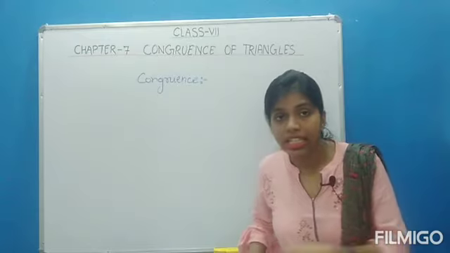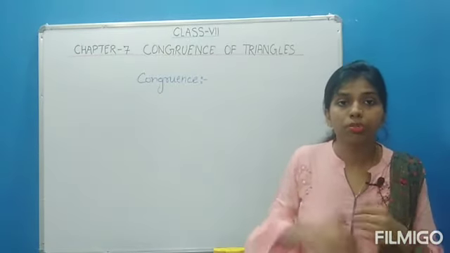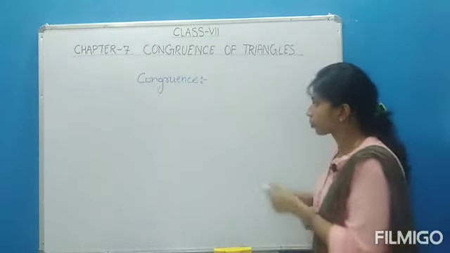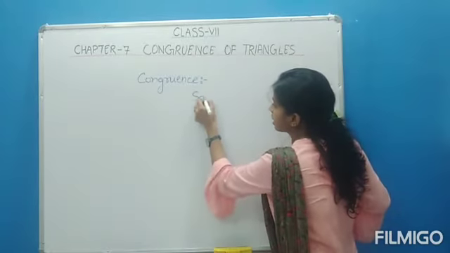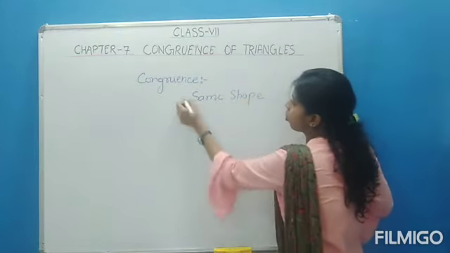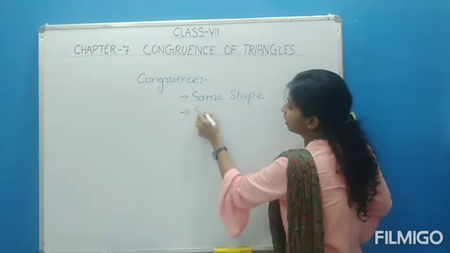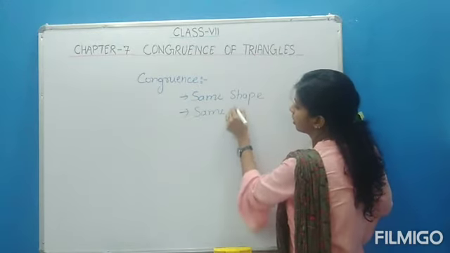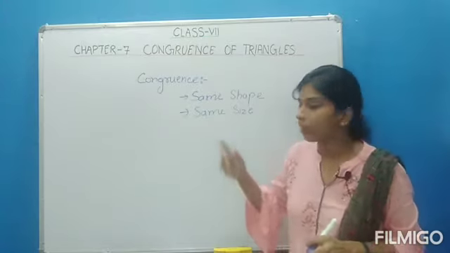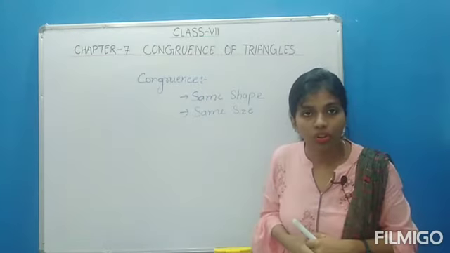So what is necessary? Two figures must have the same shape, and also, as the second point, the same size. Only in that case can we call two figures congruent.